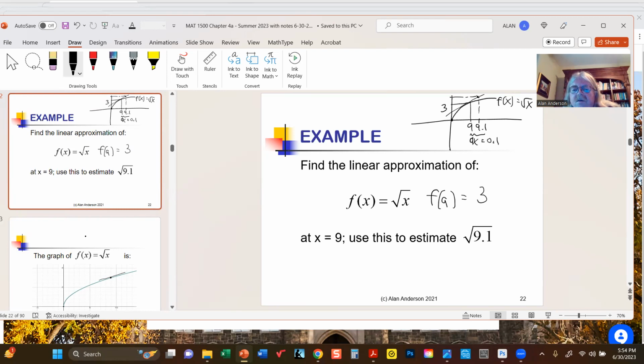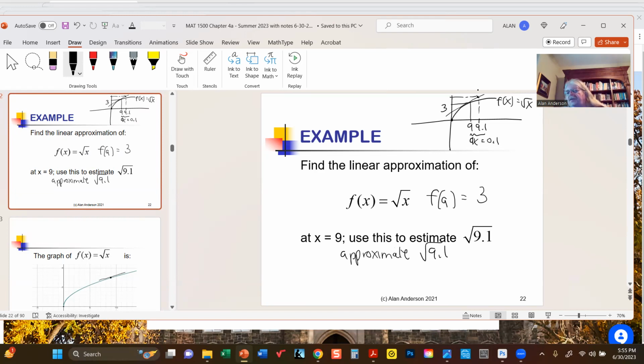So we want to know what the function's value is at x equals 9, but we can do that directly from the formula. But we also would like to do the same thing for x equals 9.1. So in other words, I want to approximate the square root of 9.1 using this linearization method.